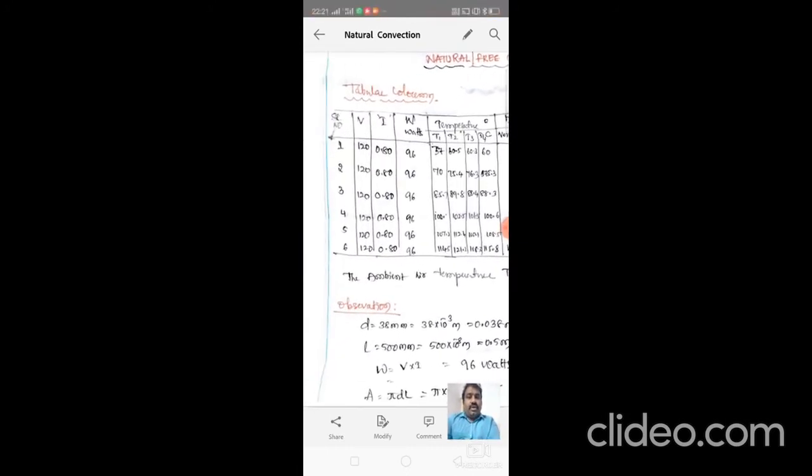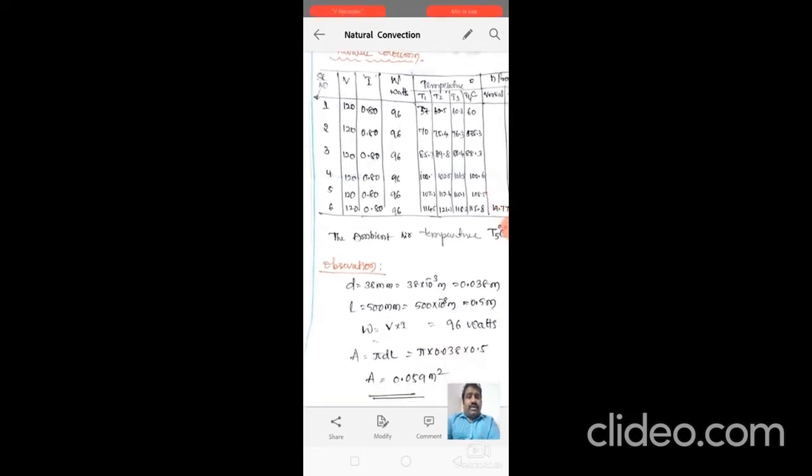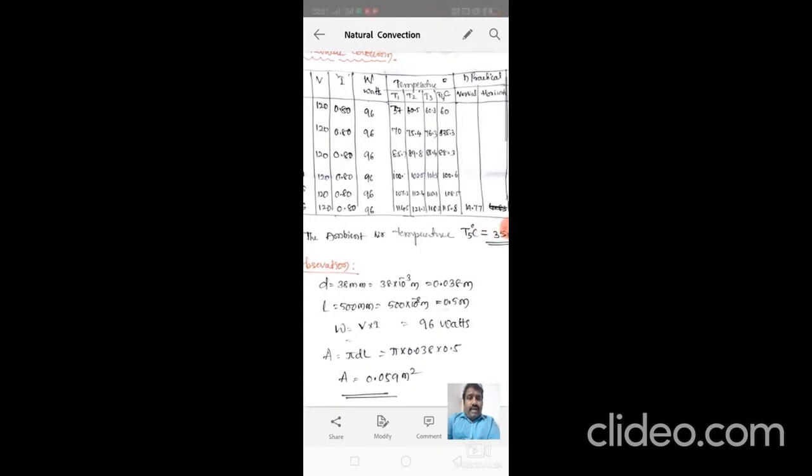We take the same set of readings five to six times, and finally we get the steady state readings at the sixth trial: voltage is 120, current is 0.8 and watts is 96.